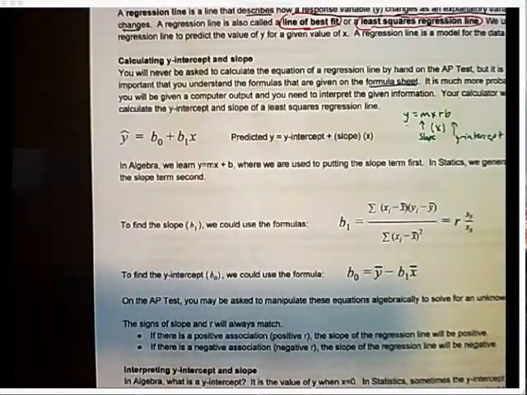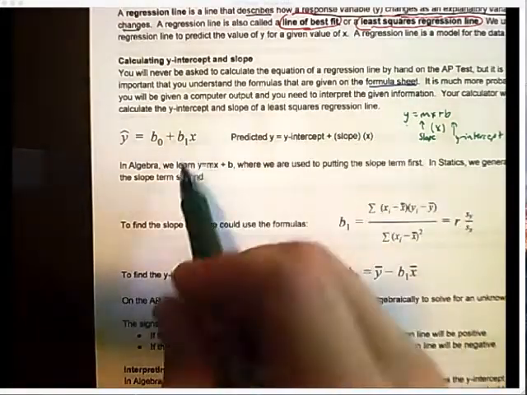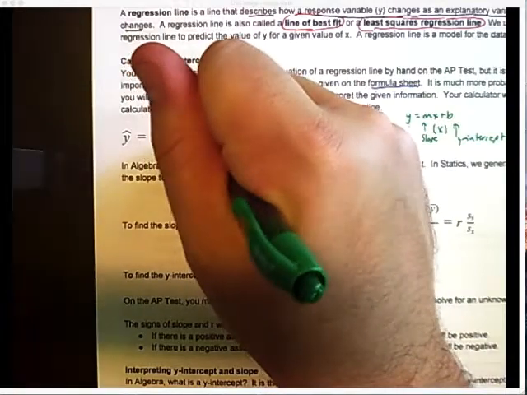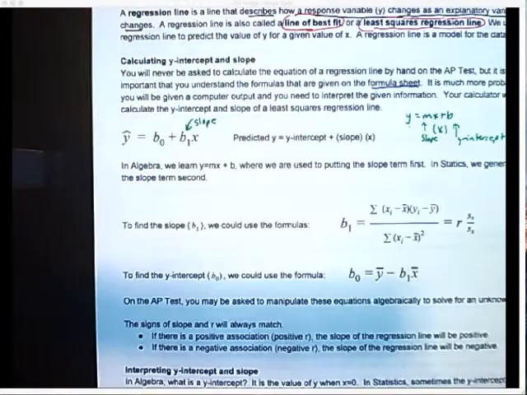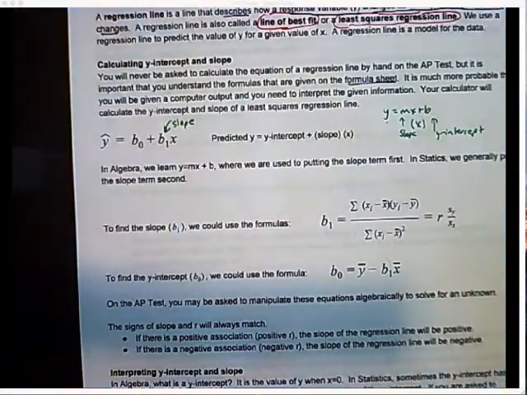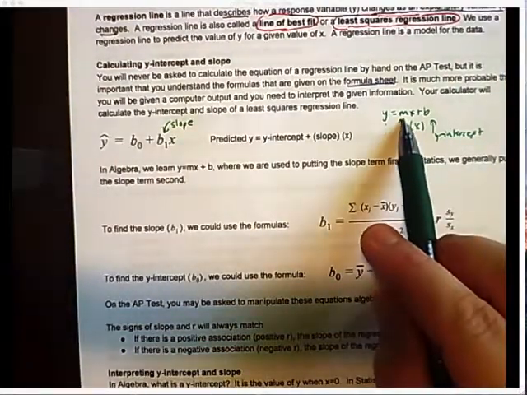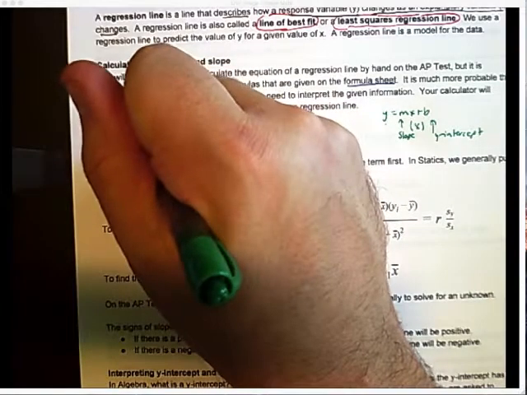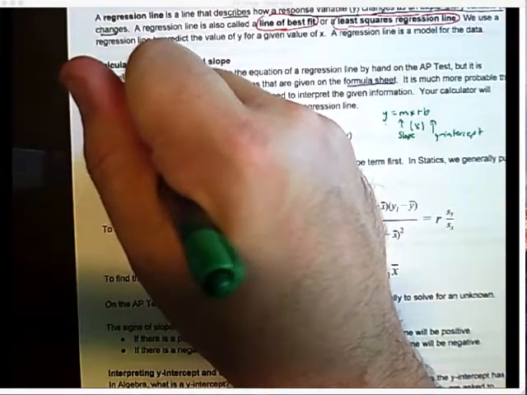So here, the b1 is next to the x, so the b1 is the slope. We like to list that second instead of first, like it's first over here. M is the slope here, well, here we call b1 the slope. And we like to put the y-intercept first.